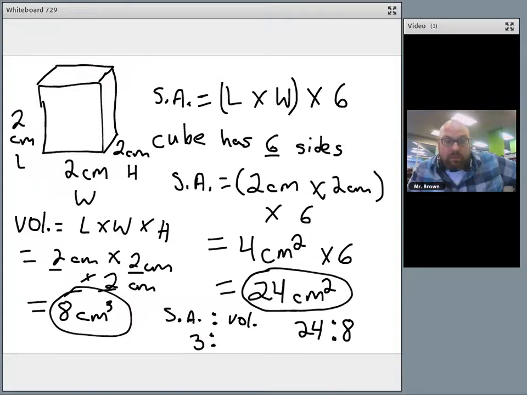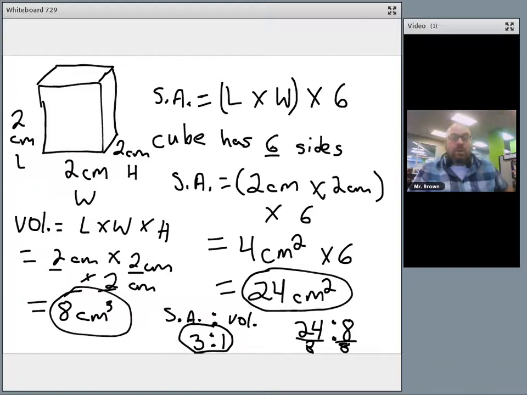Essentially, you're dividing both sides by 8, and you're going to come out with a 3 to 1 ratio. So that's the surface area to volume ratio.